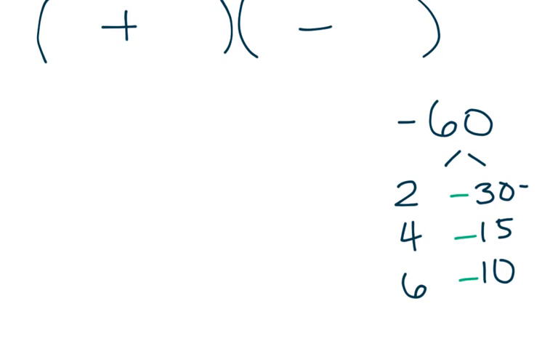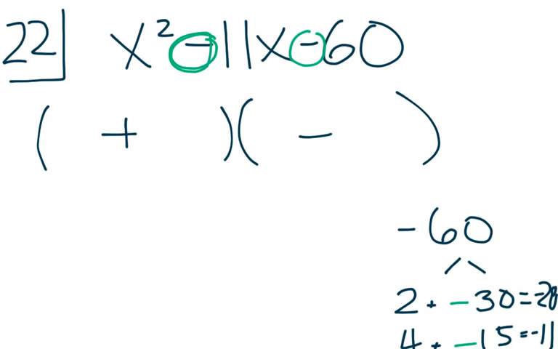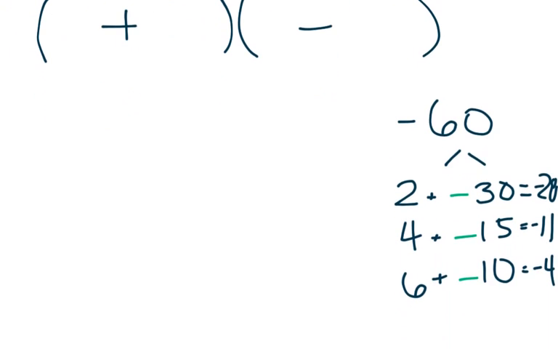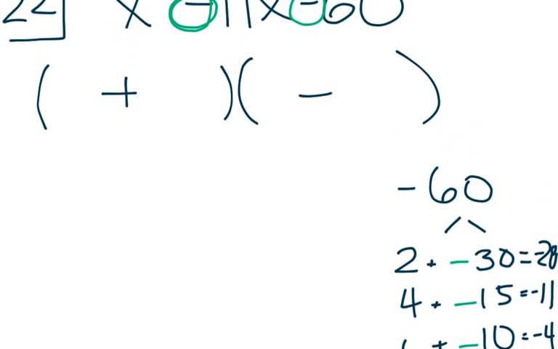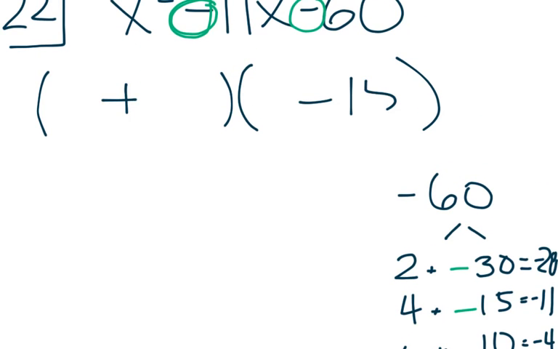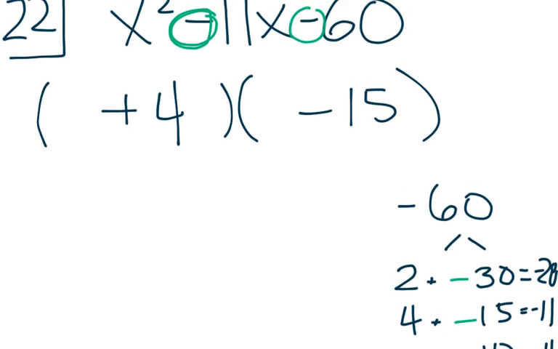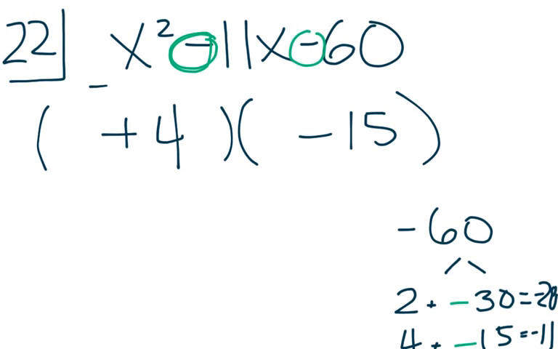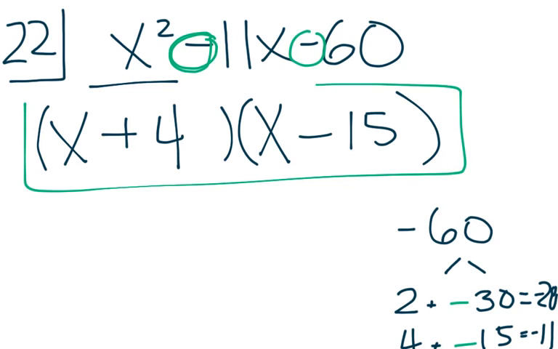So 2 plus negative 30 is negative 28. 4 plus negative 15 is negative 11, and 6 plus negative 10 is negative 4. So we're looking for the negative 11, which means that we have 4 and negative 15. So the 15 goes with the minus, and the 4 goes with the plus, and the first one in each parentheses is going to be this x. So we have x plus 4 and x minus 15. And this is our final answer for number 22.